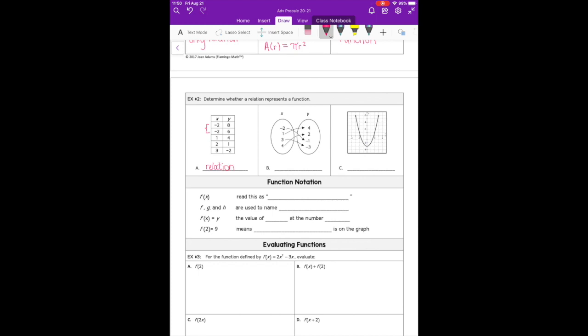Okay. If I look at the little map diagram here, notice 1 arrow, 1 arrow, 1 arrow, 1 arrow. There's not 2. So therefore, yes, that is a function.